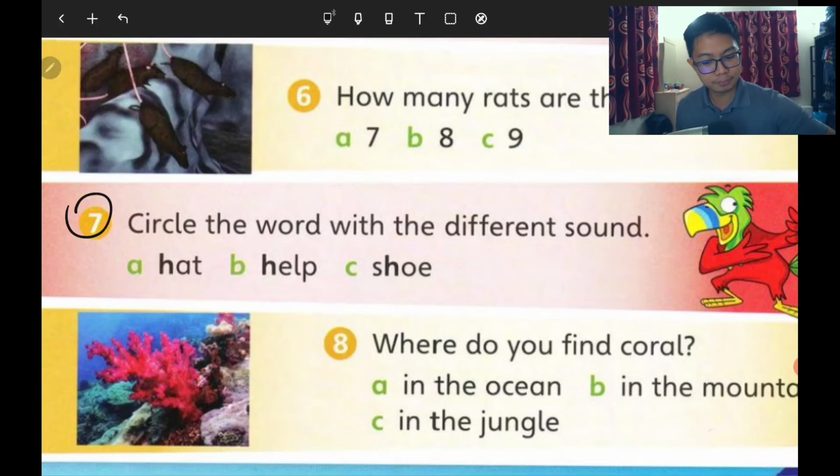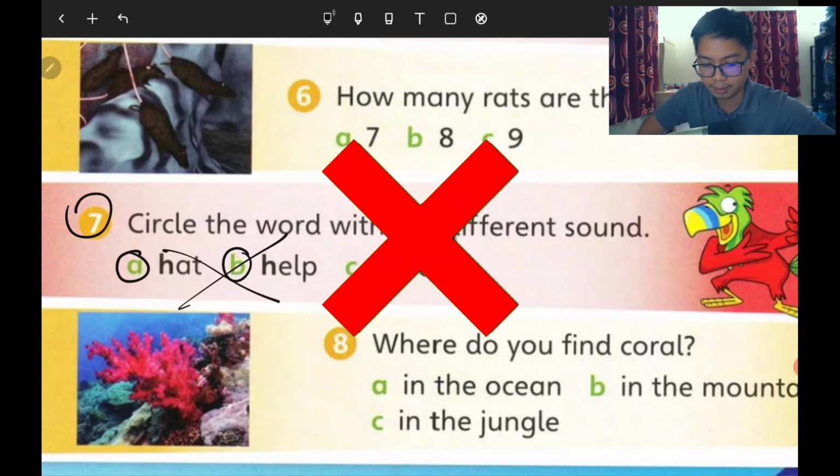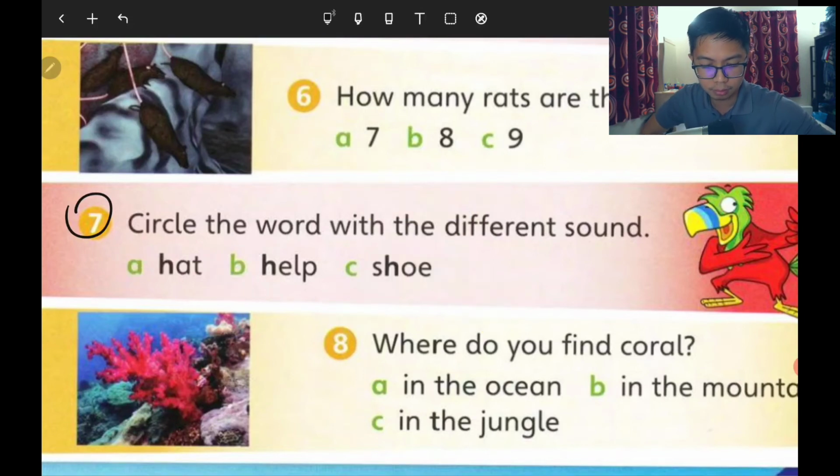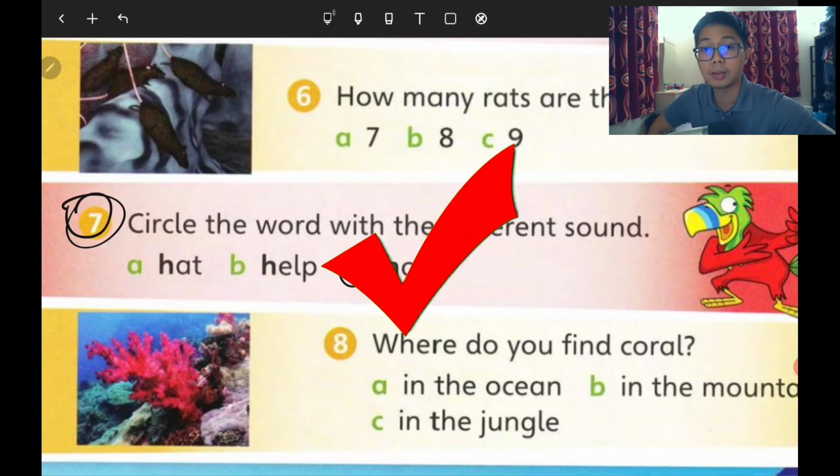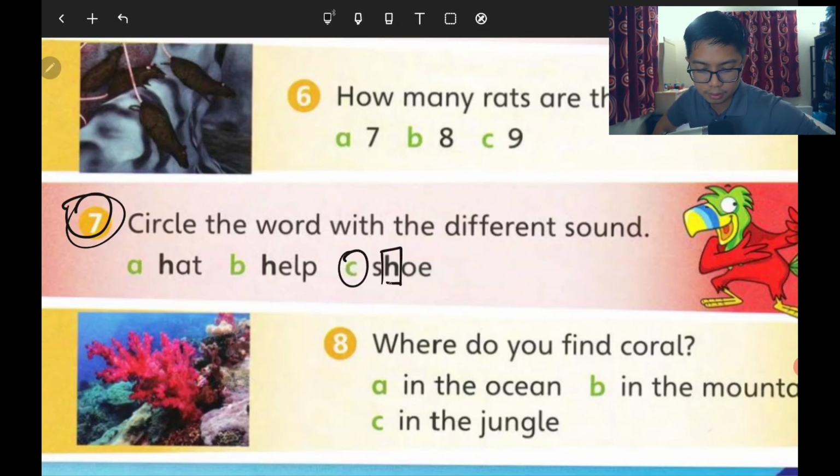Time's up. So if you answer A or B, I'm sorry, your answers are incorrect. The correct answer for this question 7 is C. Okay, because the letter H has different sound, bunyi dia lain. For example, this one, hat.